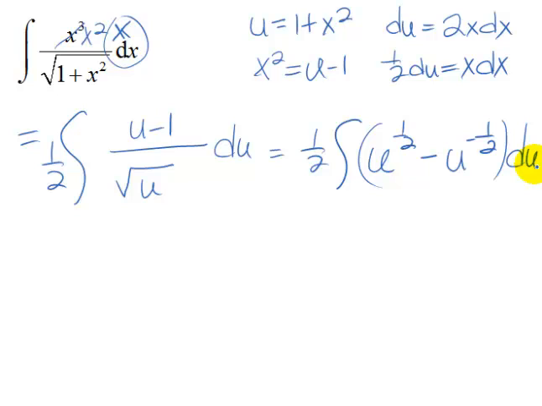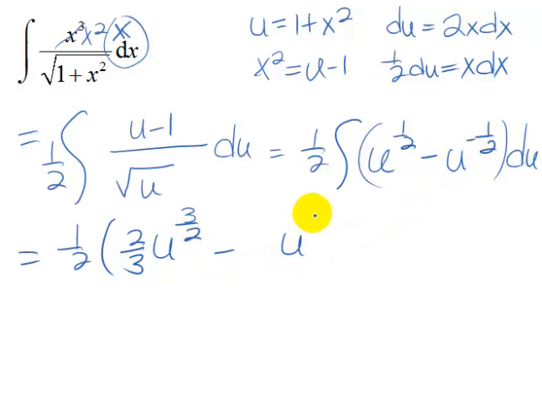So I now have it in terms of just functions with powers. This would make it easy then to integrate. So I've got 1/2, and then this would be u to the 1 higher power, but I need the reciprocal of the power. And here then I would have minus, I would need 1 higher power, which makes that a 1/2, and then I need the reciprocal of the power, so that would put a 2 on there, and then plus a constant.